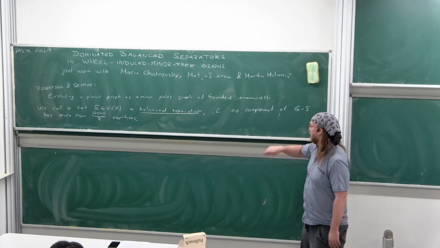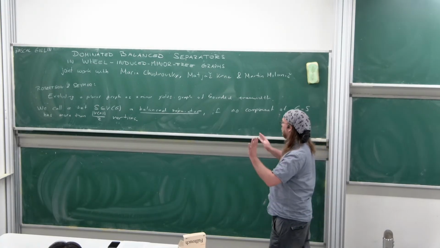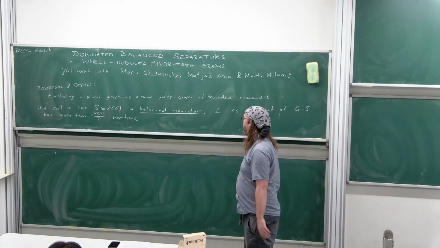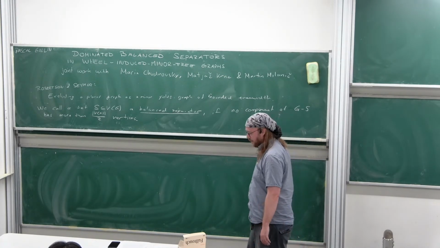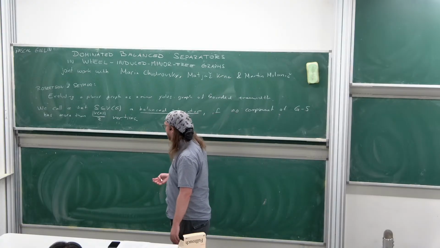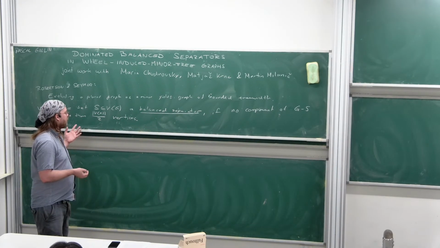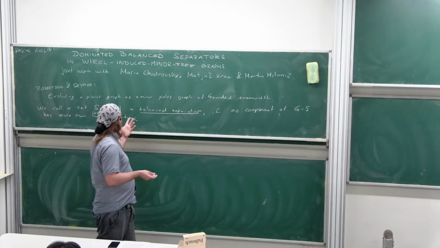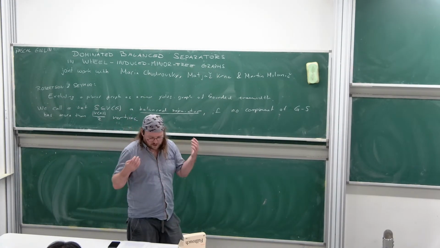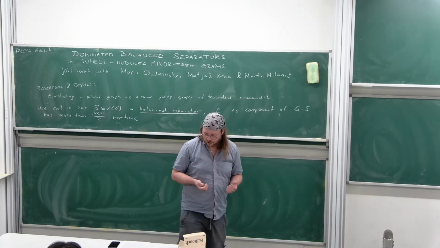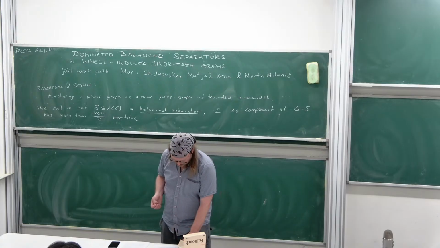So deleting a bag from the middle can make sure that we have such a balanced separator. But on the other hand, the size of balanced separators is tied to this notion of tree width. This is also what Robertson and Seymour proved.